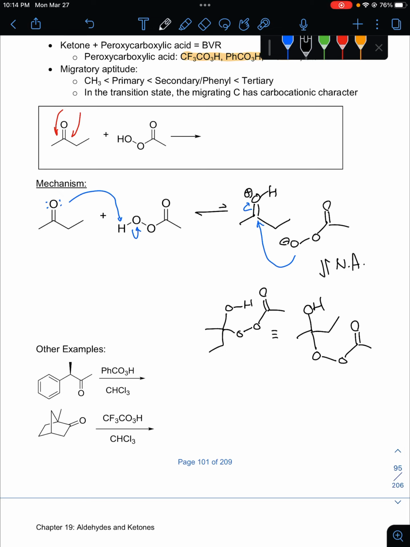And looking at this, I want you to notice or remember how the oxygen-oxygen single bond is a very weak bond. It's notoriously weak and unstable.